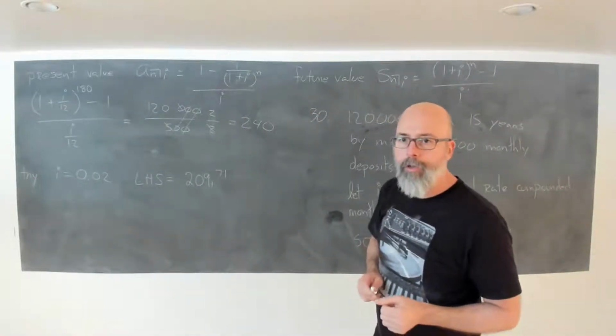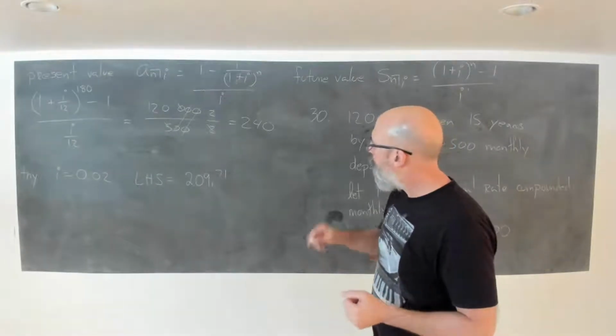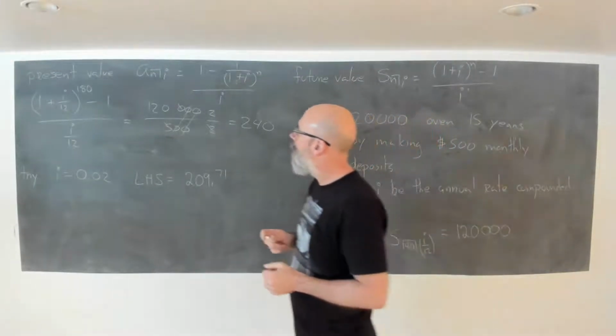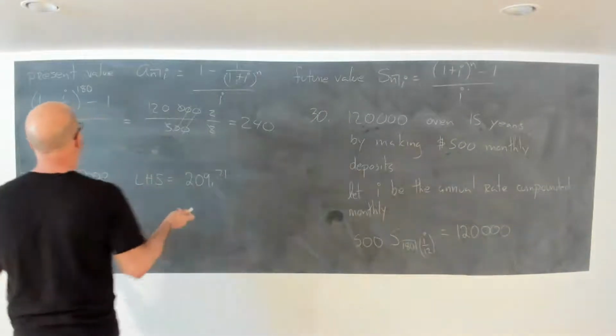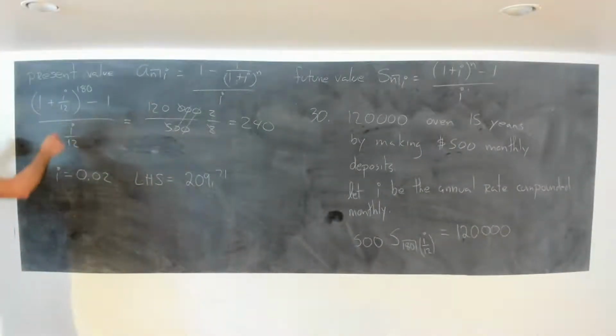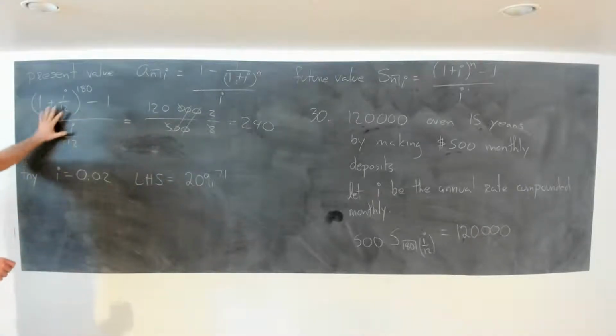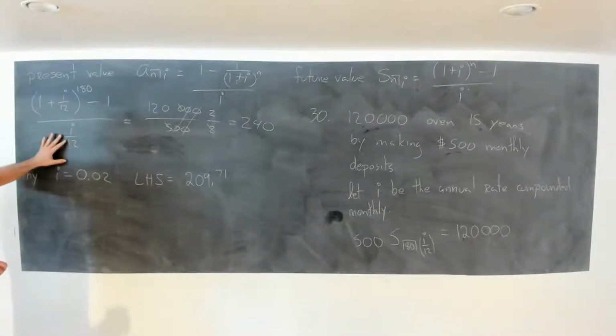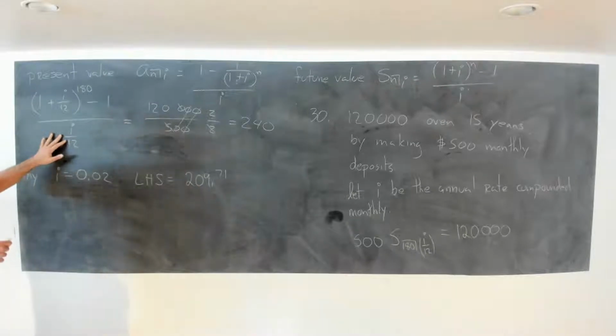Mark is suggesting to use logs, and that would be fine. But the problem is, if you take log on both sides, you're still going to have ln of i over 12.